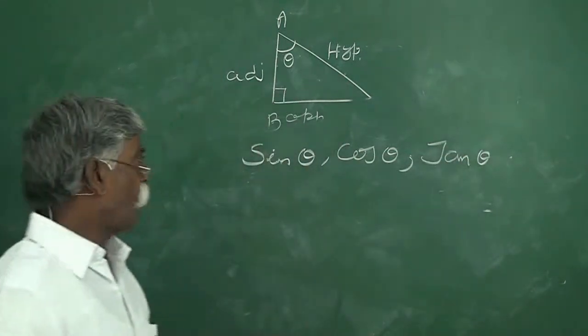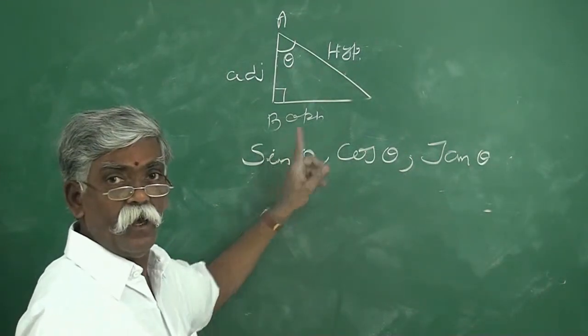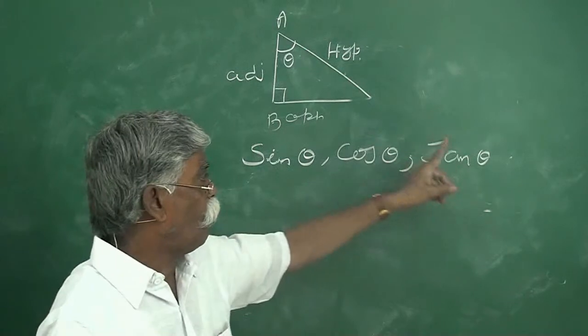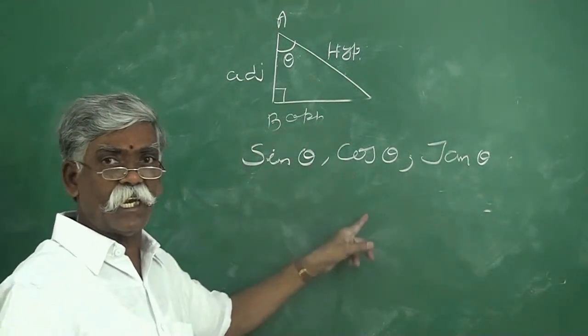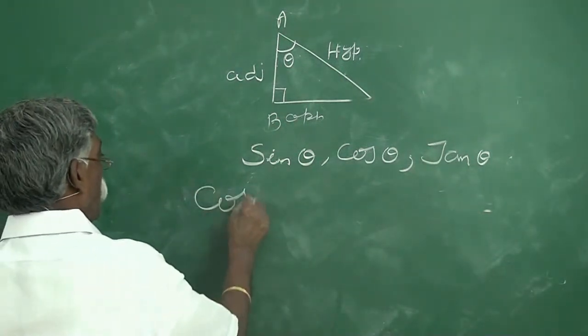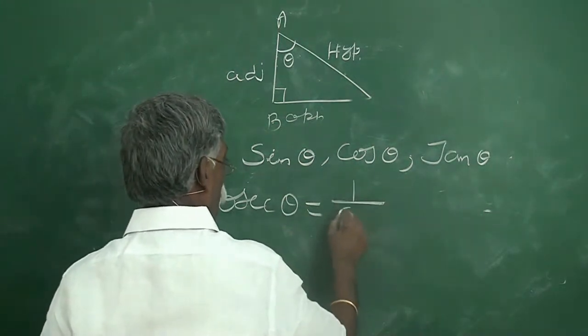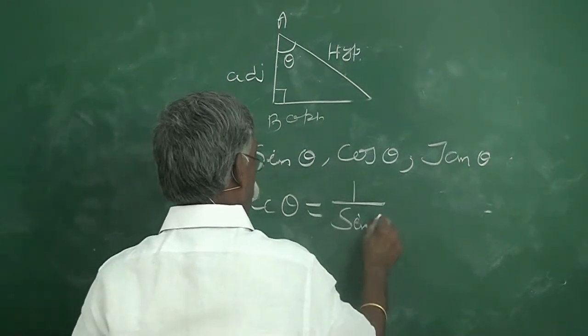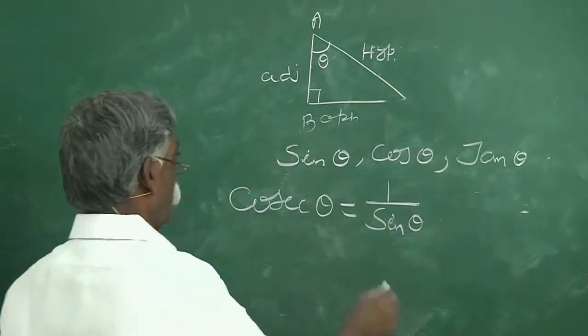Now originally, the two trigonometrical ratios are sin theta and cos theta, and the ratio between these two is tan theta. Now, reciprocals of these things, that means 1 by sin theta, 1 by cos theta, 1 by tan theta, they are cosecant, secant and cotangent. So cosecant theta is nothing but the reciprocal of sin theta. Therefore cosecant theta is equal to 1 by sin theta.